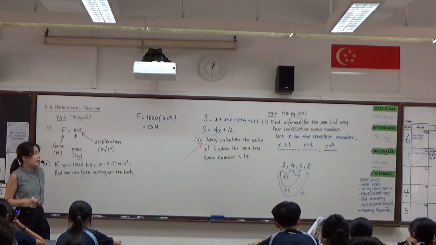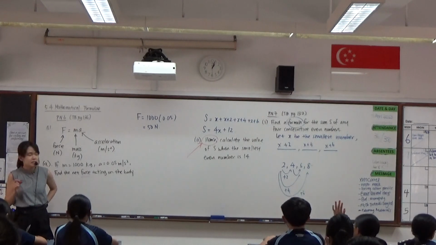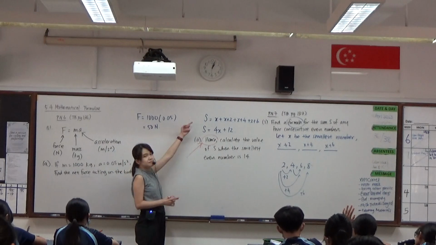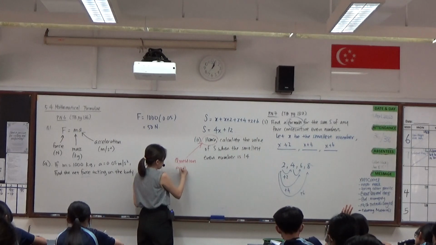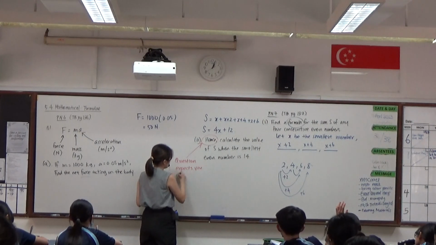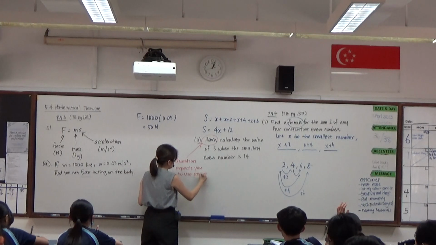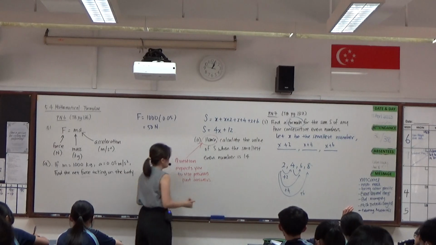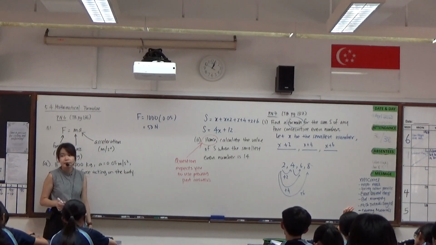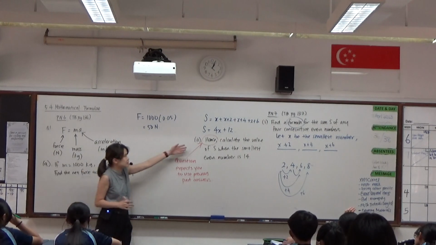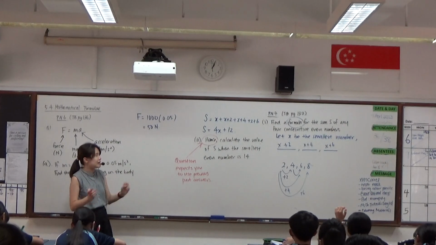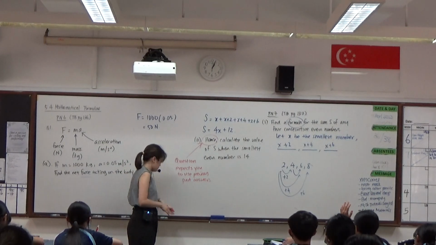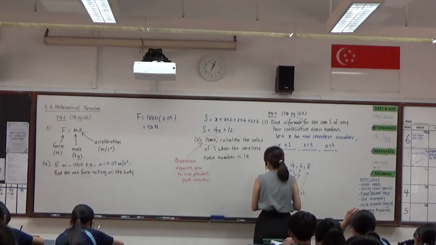When you see the word hence, the question expects you to use the previous part's answers. You must use your previous part answers in answering this particular part. You cannot do it randomly. So you're confined to using this formula, S equals 4x plus 12.